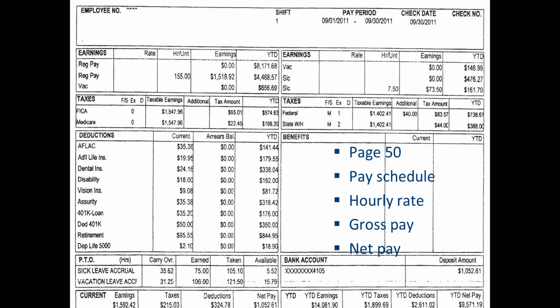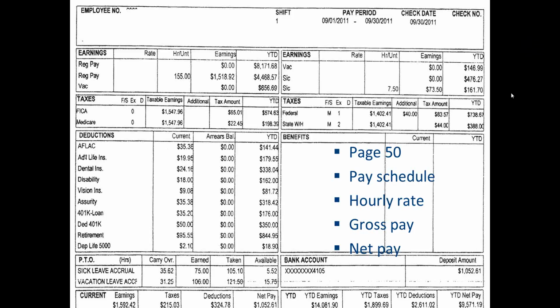And so their earnings for those 7.5 hours came to $73.50. Their work hours were 155 hours. So this gives you some breakdown if they're getting paid for sick time or they get some vacation pay calculated in there, you'll be able to see that.